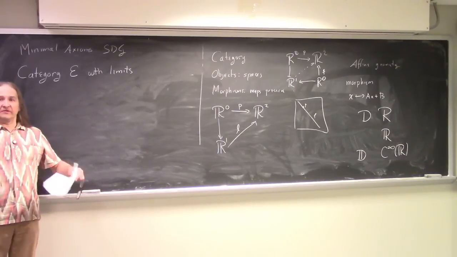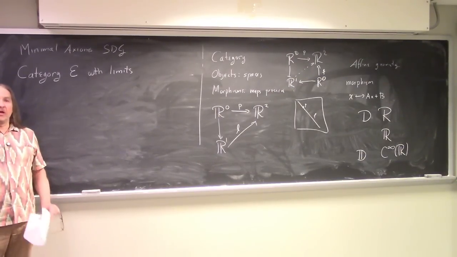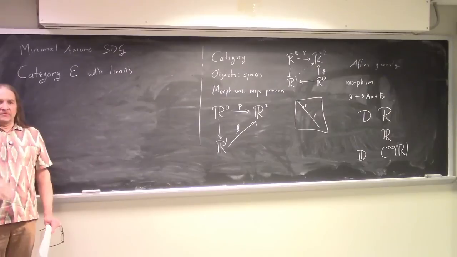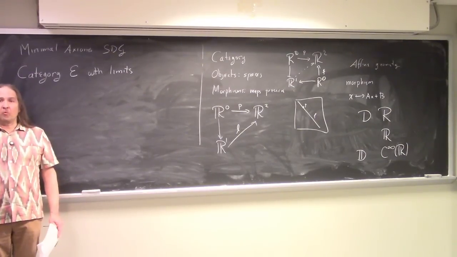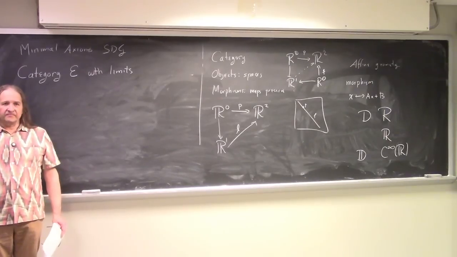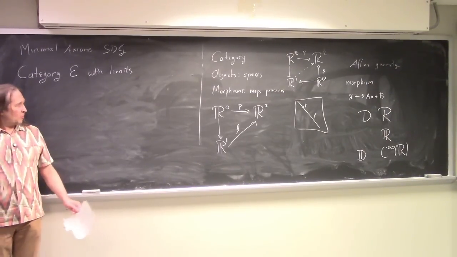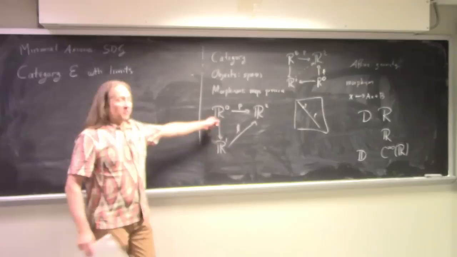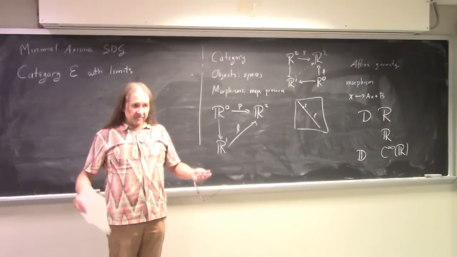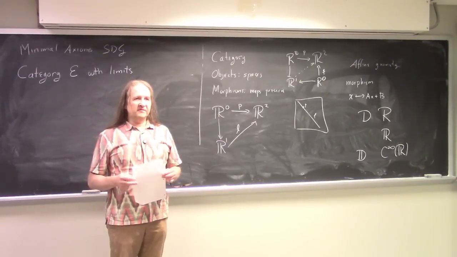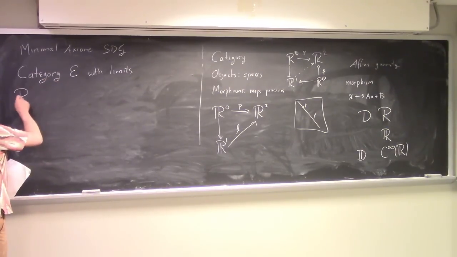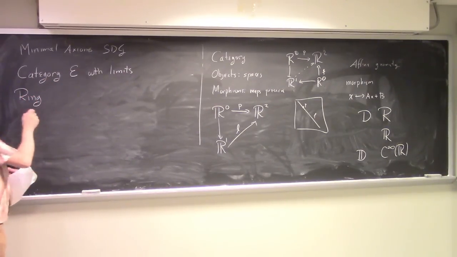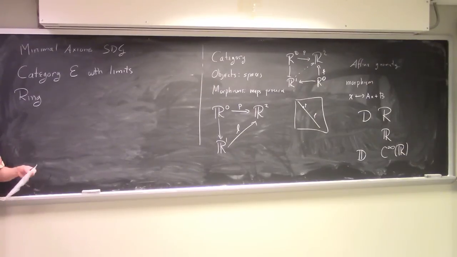And what do products let you do? Among other things, they let you talk about structures internal to categories. In particular, I'm going to want to have a ring object in my category because I'm going to want something that looks like my ring of real numbers or functions on the real numbers. So because I have products, I know what it means for an object to be a ring object.